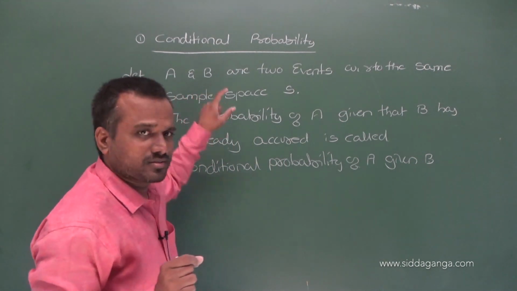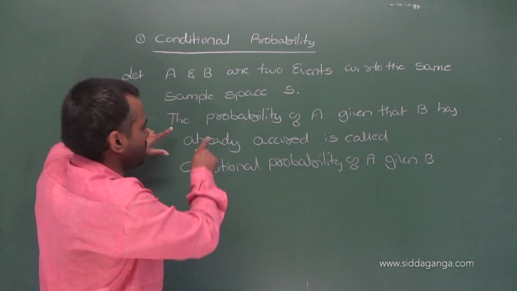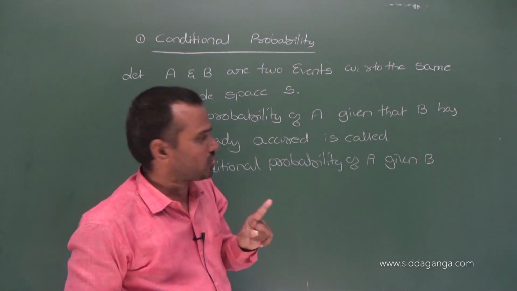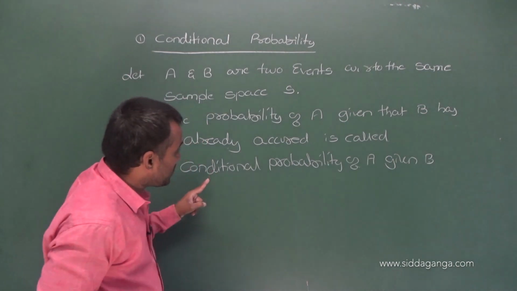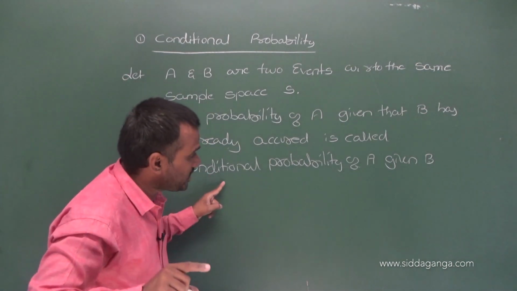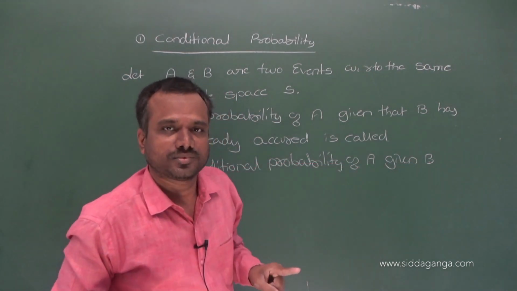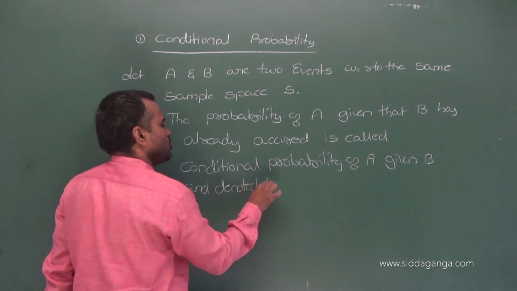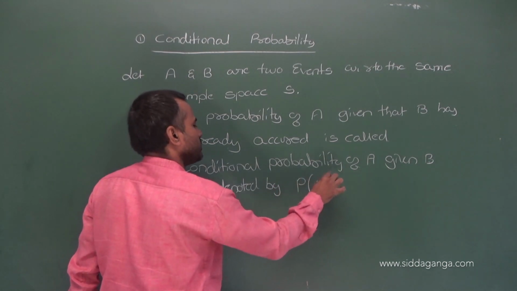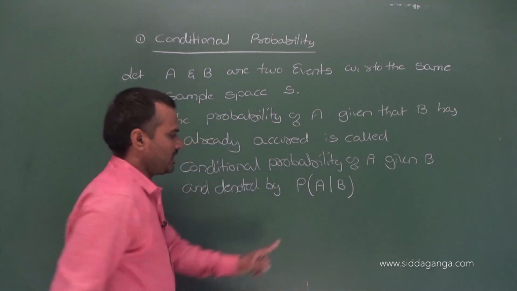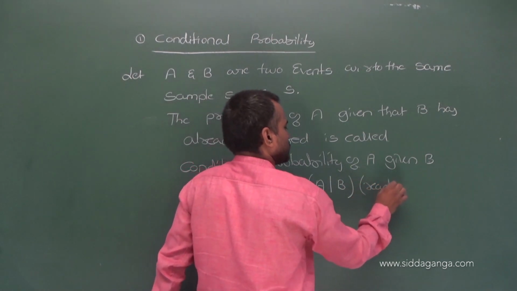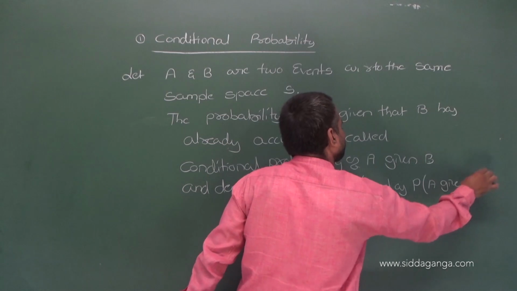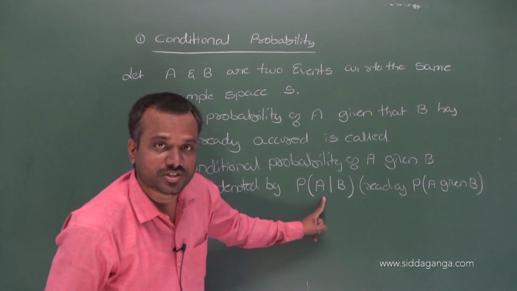It is denoted by P of A bar B, read as P of A given B. This is the conditional probability notation.